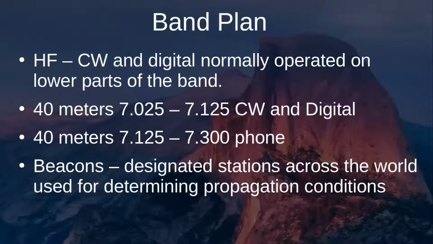So you're going to be compromising and using up a lot of the bandwidth on that lower portion and probably make a lot of different people mad that you're operating within that range. For 40 meters, the frequency band plan for 7.125 to 7.300 is typically single sideband and phone operation. And again, can you operate CW and digital in this region? Sure, you can. It's not illegal, but it's good amateur practice to follow the band plan that the other amateur radio operators throughout recent history have set forth.